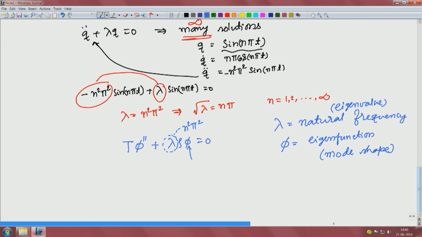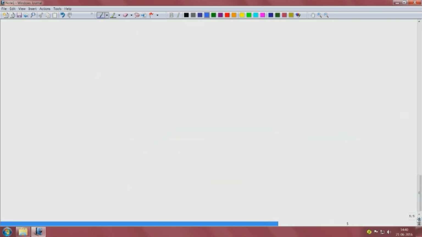So, these phis, just like lambdas, we have lambda i, where this i goes from 1 to infinity, and phi i, there are infinitely many of them. And they all have special properties.